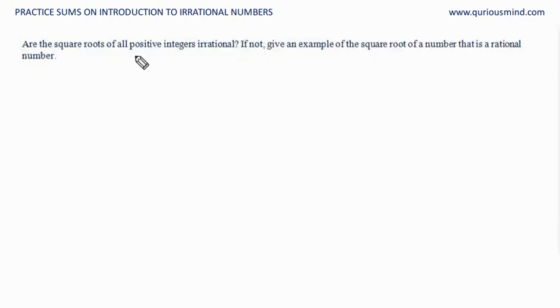Are the square roots of all positive integers irrational? If not, give an example of the square root of a number that is a rational number. We know the positive integers. Let's take 1, 2, 3, 4 and so on. Now out of these, we know 4 is a perfect square. So if I find root 1, I'm going to get an irrational number.